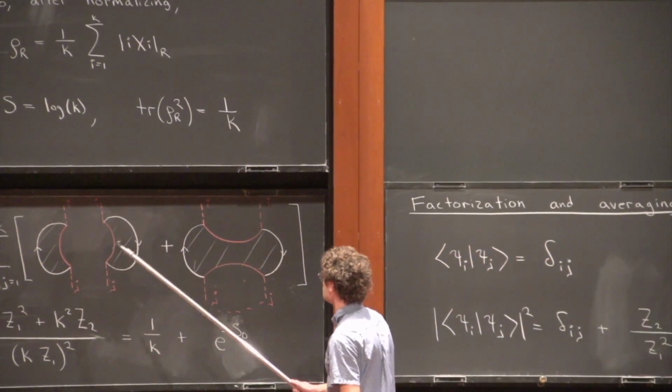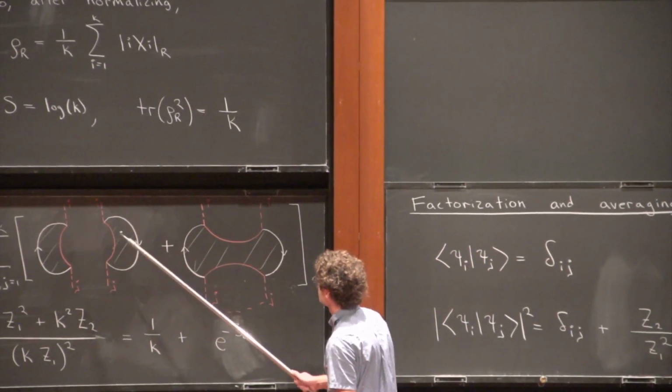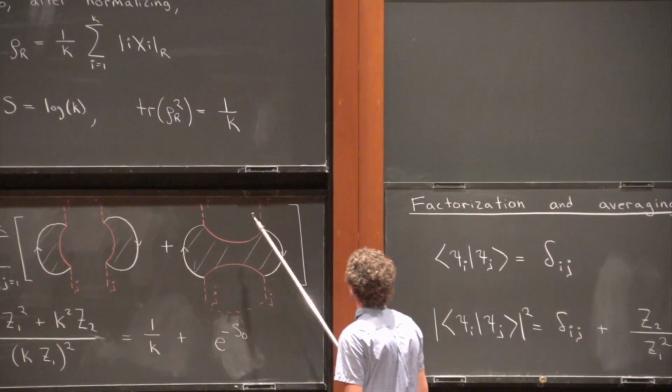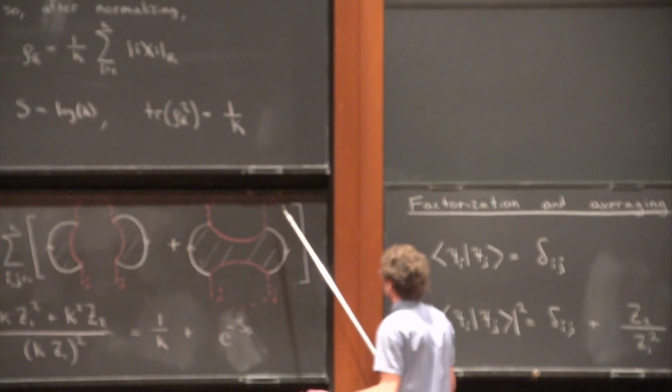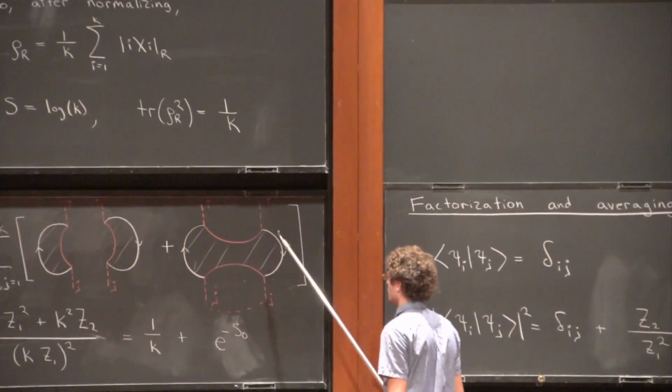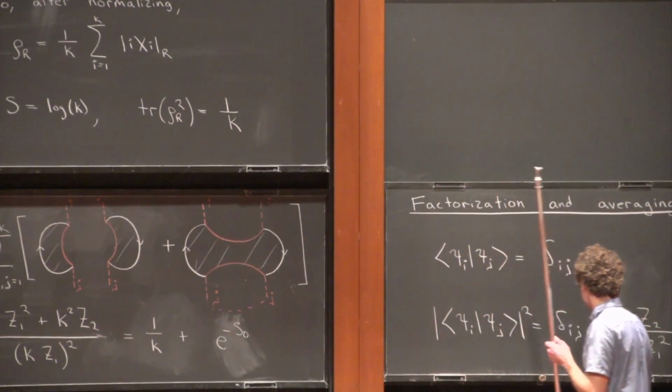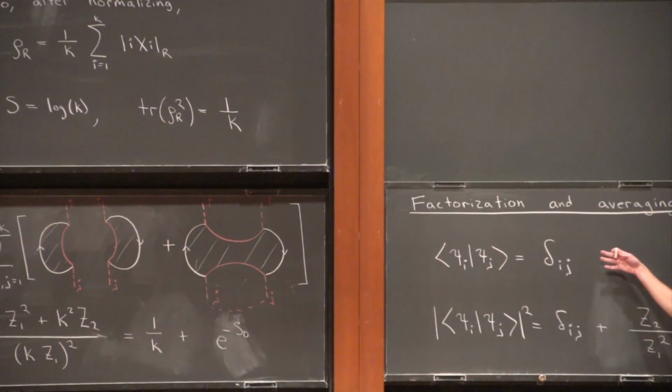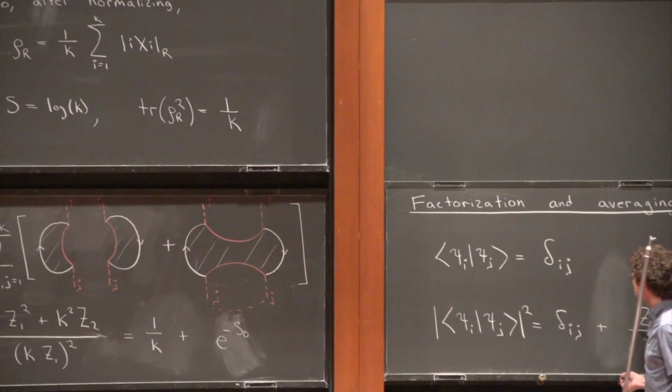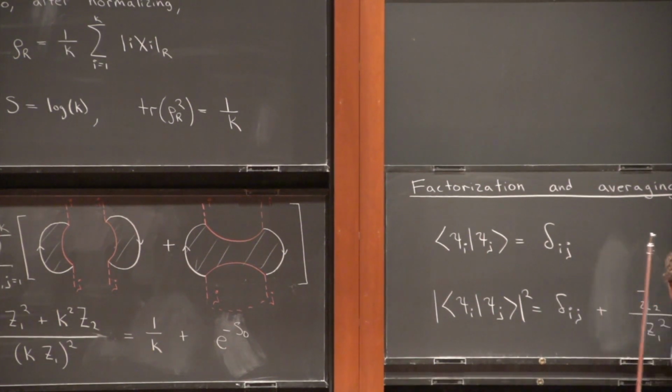Those are just these two terms here. This one's proportional to delta_ij. This one's non-zero for any value of i and j. Now, these two statements are obviously literally incompatible with each other. So how are we supposed to interpret these?